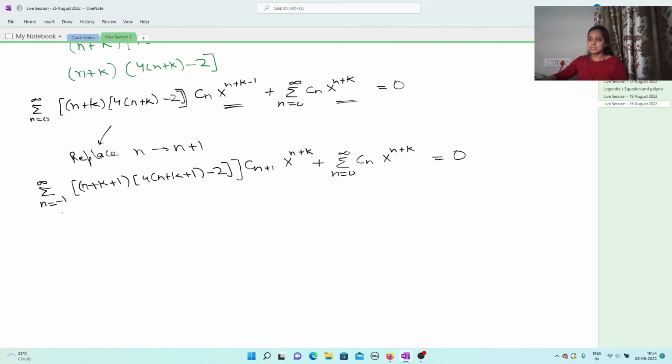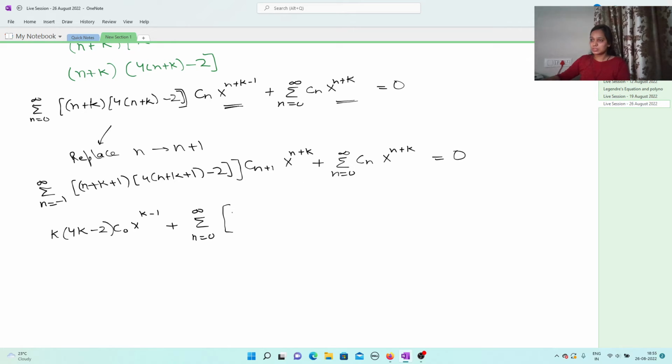Now let's expand the n equals minus 1 term, and then we will have the sum from 0 to infinity. If we substitute n equals minus 1 here, what we will get is k into (4k minus 2) c_0 x^(k-1), right? And then you can write all the terms combined as summation n equals 0 to infinity.